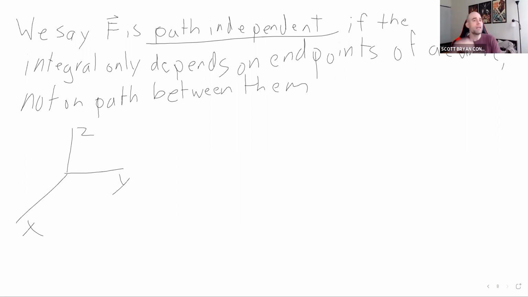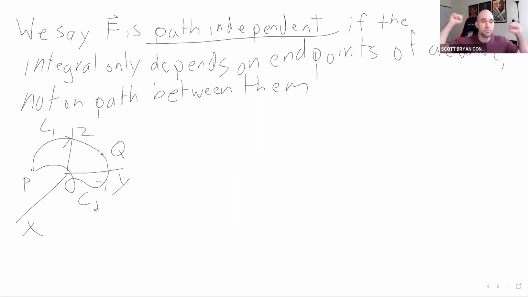So what do I mean by that? If you have any 2 points, say P and Q, we say F is path independent if for any 2 points you pick, if you look at one path C1 from P to Q and another path from P to Q, say C2, then the integral over C1 is going to be the same as the integral over C2, because all that matters are the endpoints, the starting point and the ending point.